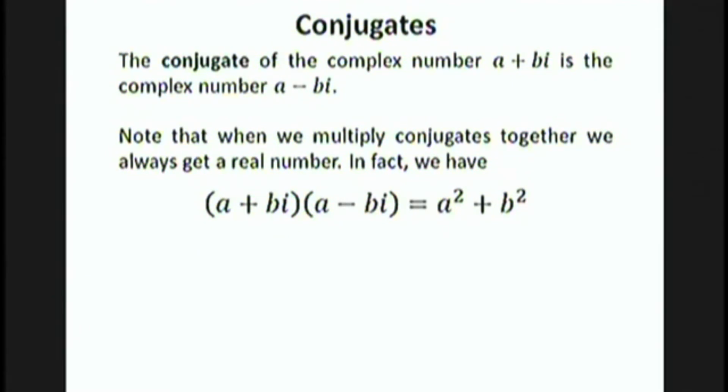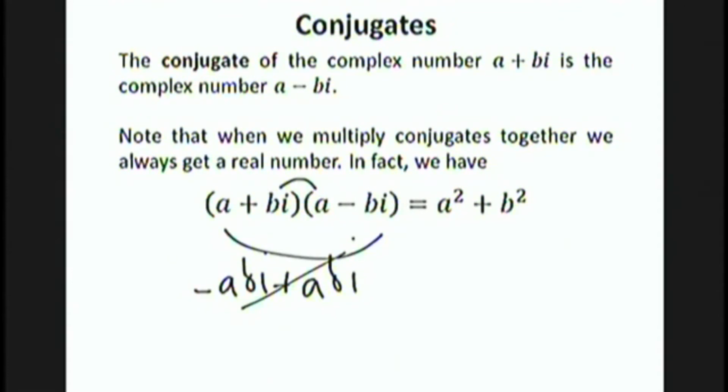And the outers and inners always cancel because you get negative abi for the outer and plus abi for the inner. So you don't actually have to remember that. You could just remember that when you're multiplying conjugates, you get a positive real number, which is the sum of the squares of a and b.